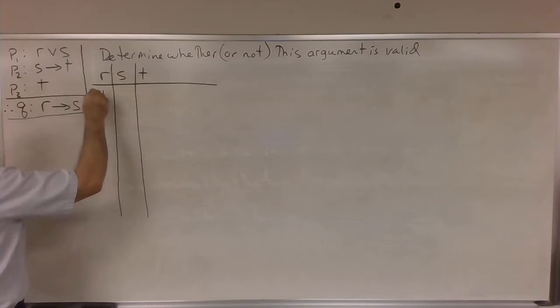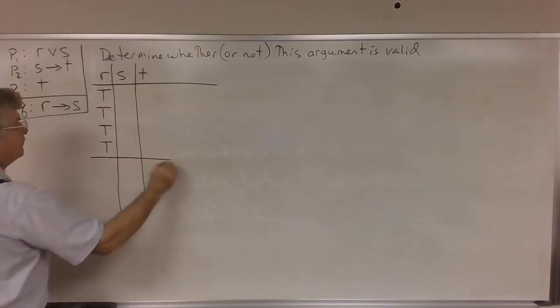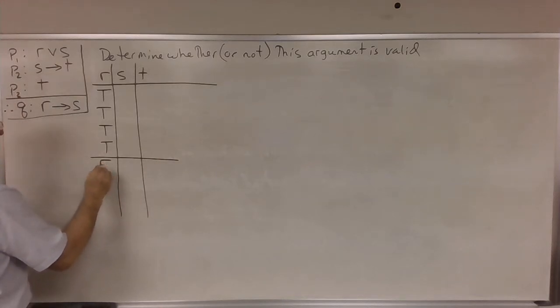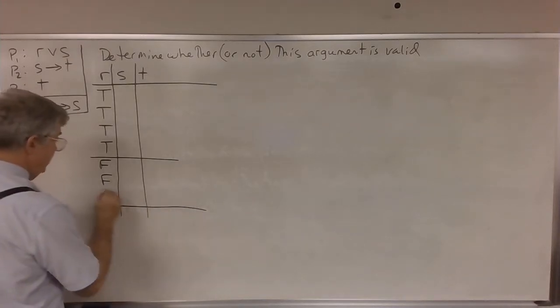So for R, I'm going to go true, true, true, true, 4 of them, and false, false, false, false, 4 of these guys.